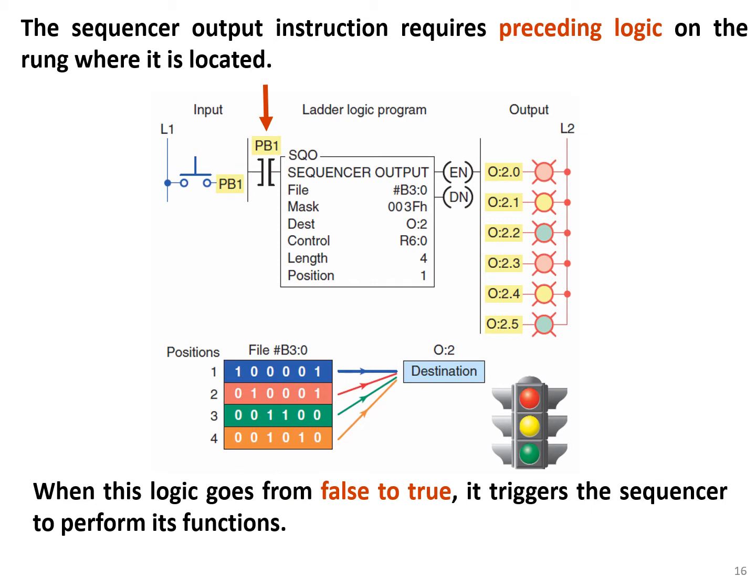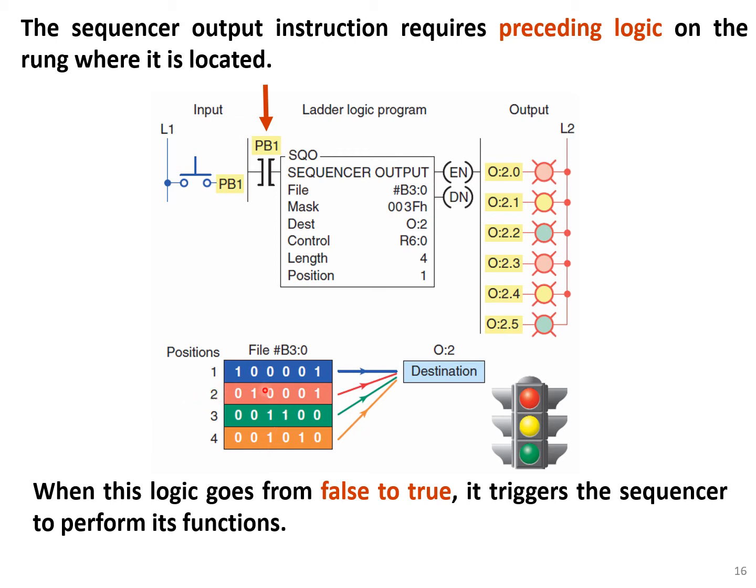The sequencer output instruction requires preceding logic on the rung where it is located. So this is the preceding logic here. You have a switch, and this is just a push button. Once the push button is pressed and is true, then this sequencer will be energized.